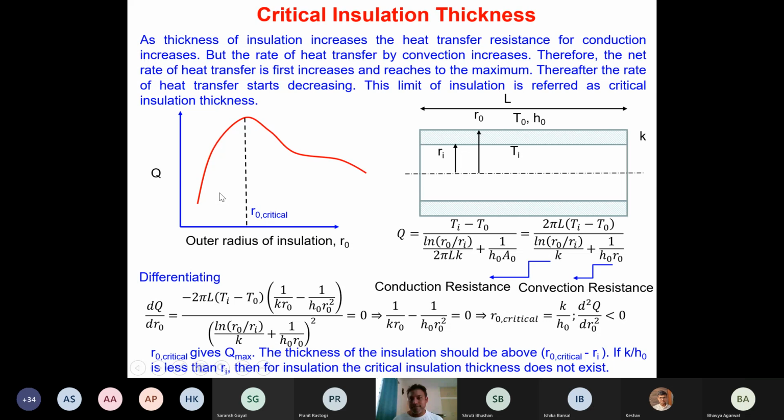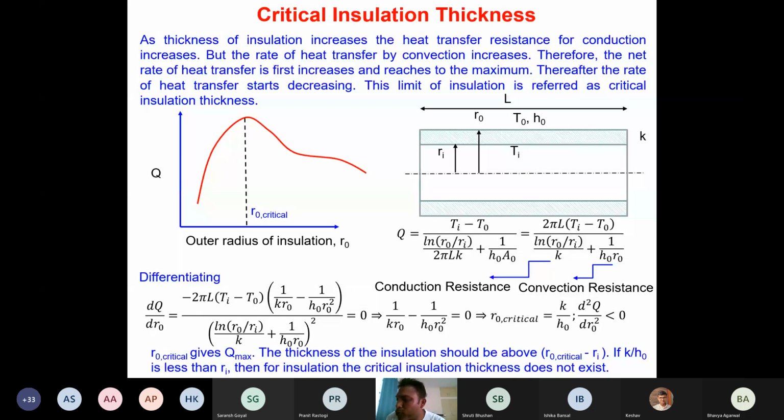Now the question here is, suppose we have a bare pipe, and in order to reduce the heat transfer from this bare pipe, insulation is wrapped. As we increase the thickness of the insulation, what is in general seen is that the rate of heat transfer initially, instead of decreasing, starts increasing. Just hear me out clearly.